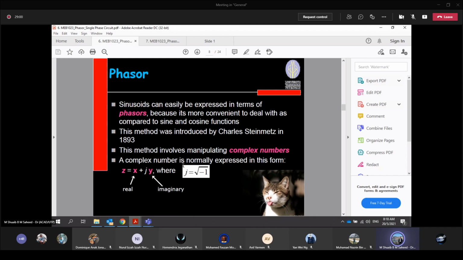Even if you use a normal calculator such as the Casio FX-570MS, the symbol they use for the imaginary value is i. So no problem. It can be j or it can be i, as long as, remember, we know that it represents imaginary values.